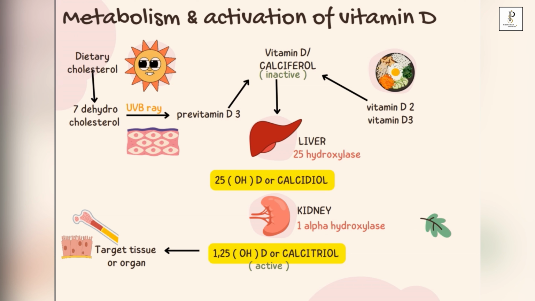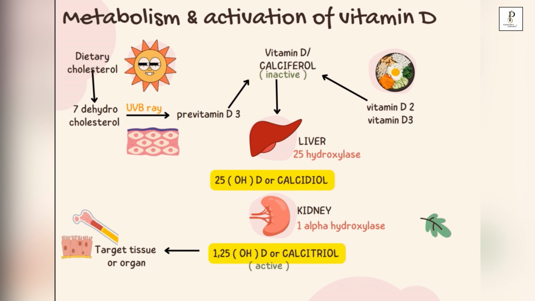When calcidiol goes into the kidney, there is another enzyme in the kidney called 1-alpha-hydroxylase. 1-alpha-hydroxylase converts 25-hydroxyvitamin D into 1,25-dihydroxyvitamin D or calcitriol. Calcitriol is named so because it has three hydroxy groups.